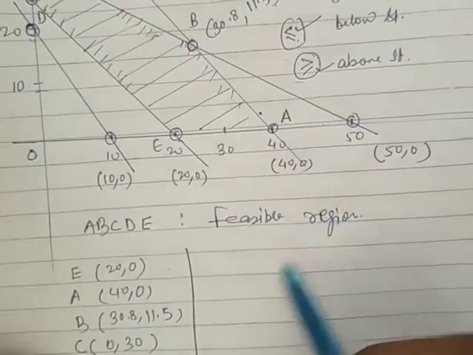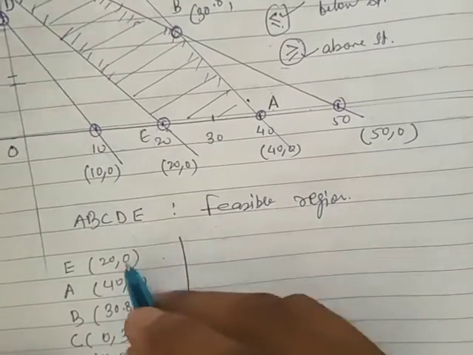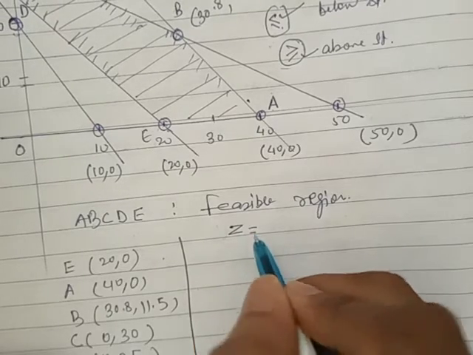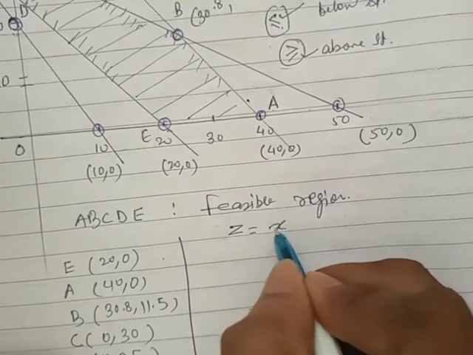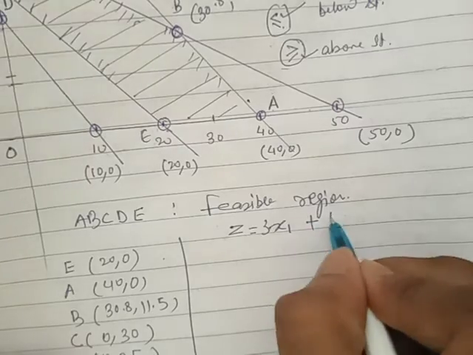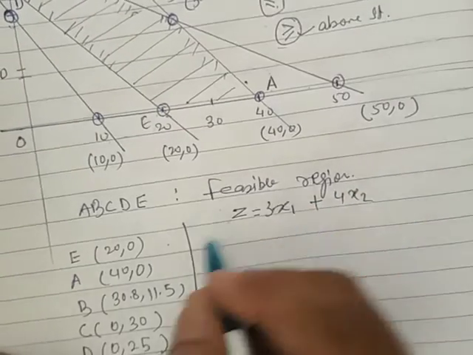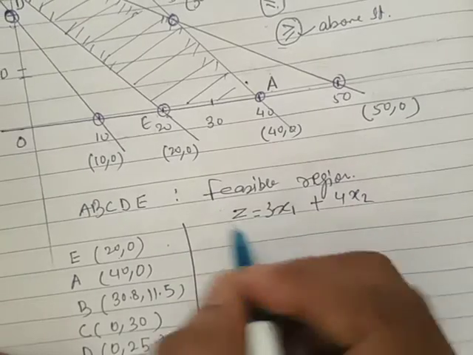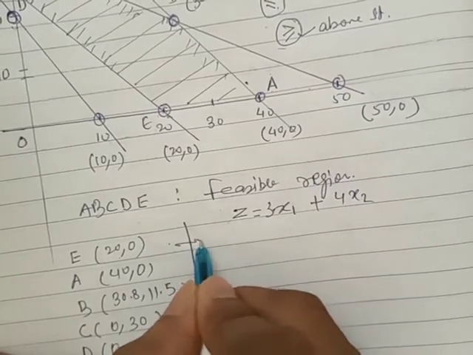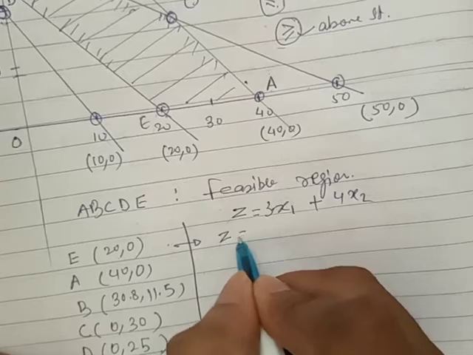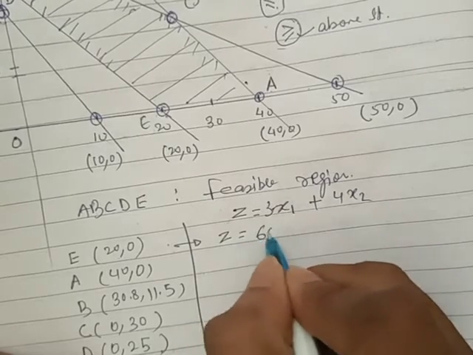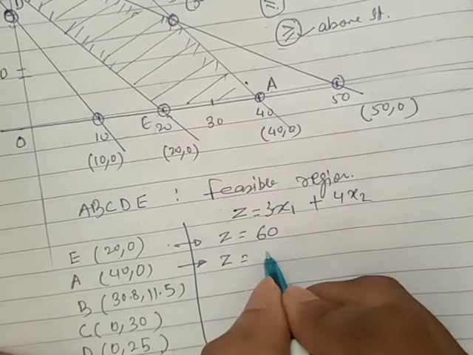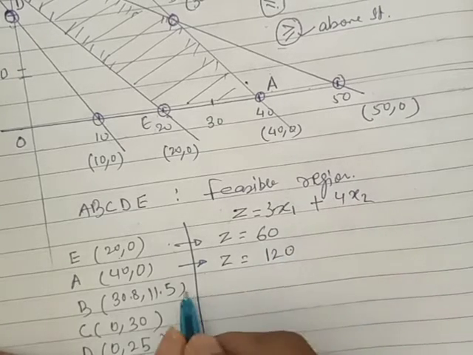Now you have to put these values in turn in the objective function, that is z equals 3x1 plus 4x2. When you put x1 as 20, x2 as 0, from this point E you are getting z as 60. From point A, z is 120.